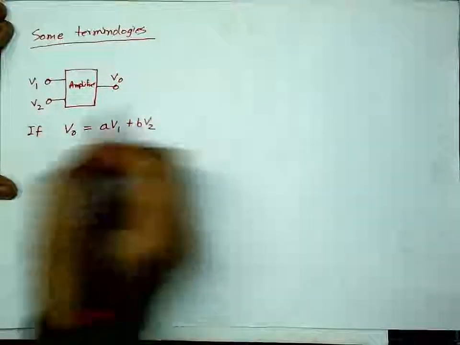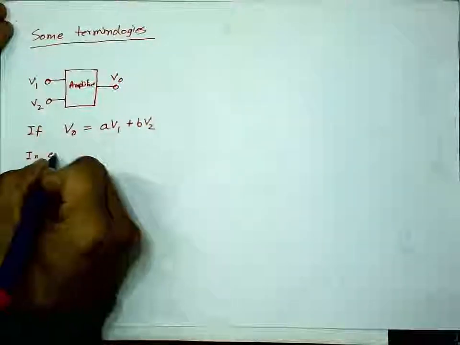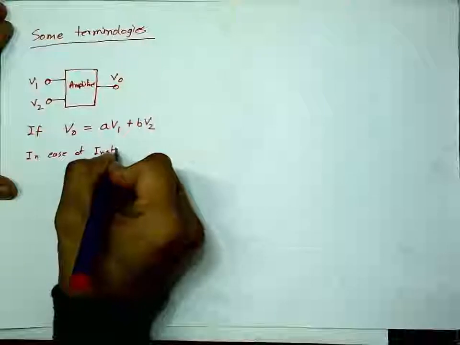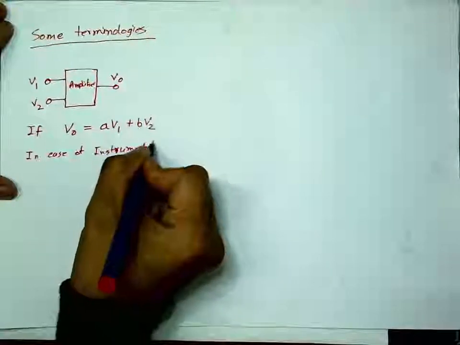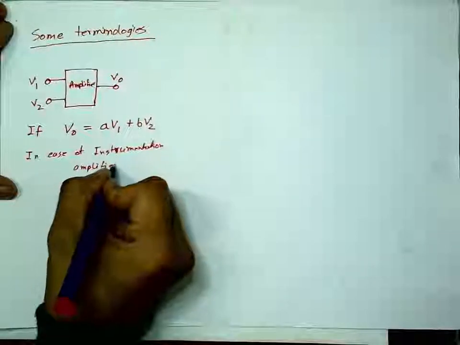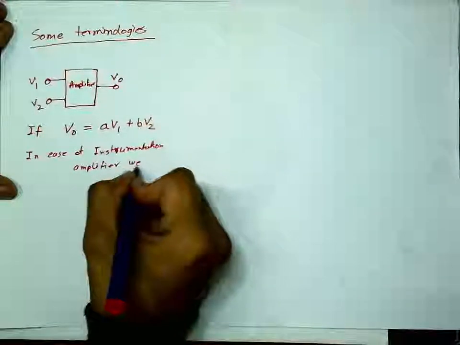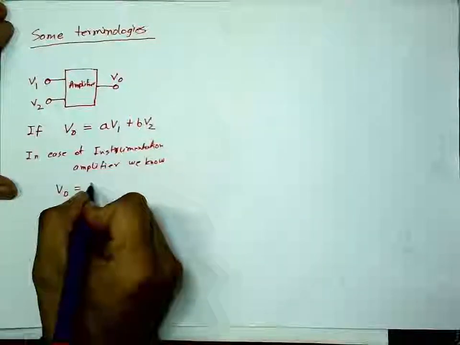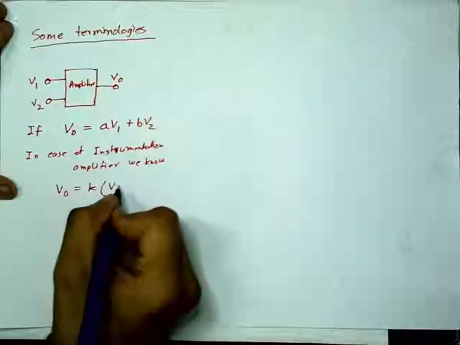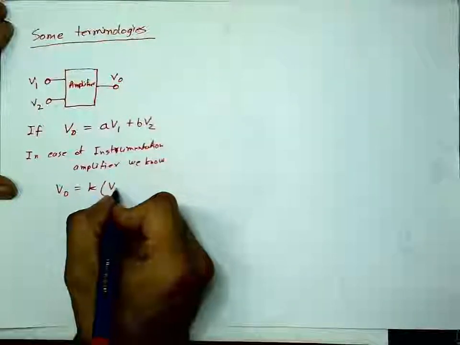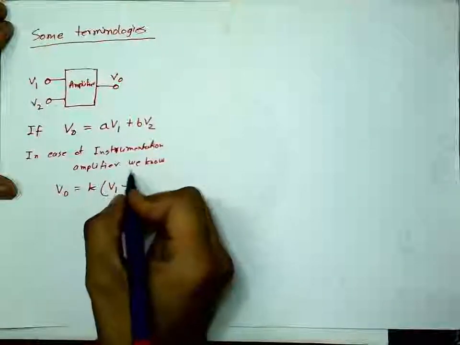In case of the instrumentation amplifier, we know VO is some factor K times V1 minus V2, or V2 minus V1, it doesn't matter, K can have the sign absorbed in it.